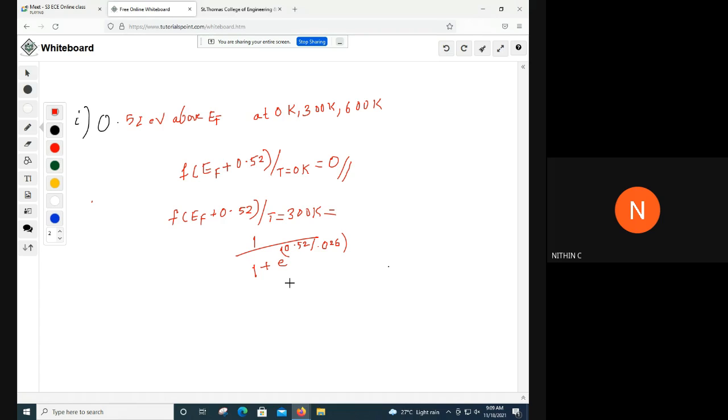In this step we have f of EF plus 0.52. If you substitute that in the general expression, E will be replaced by EF plus 0.52. Then minus EF is there. So EF will get cancelled and the numerator becomes 0.52. The denominator is KT, which we have already found in the previous part of the question. It is 0.026 at 300 Kelvin. So it will be 0.52 divided by 0.026, and what will be the answer?